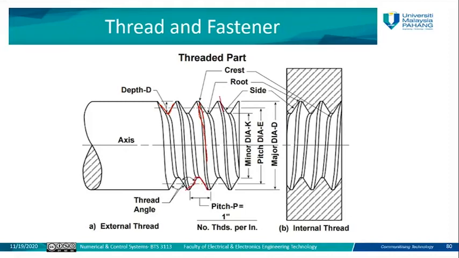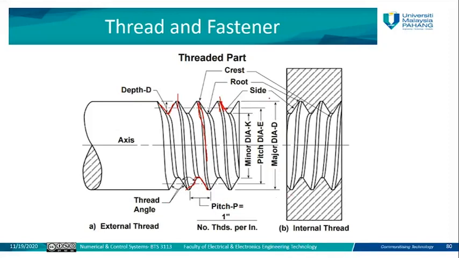There is how many threads per 1 inch, for example, that they need to define. For example, the root. The side is more right, with a right angle, or the side with a specific angle here. So many details, the pitch, for example. What is the pitch for these threads, the one that we use in the calculation, for example, for the screw of the drive, the servo motor and so on.